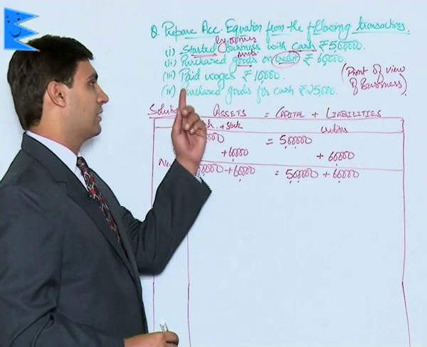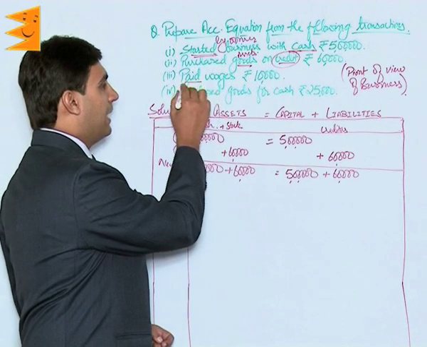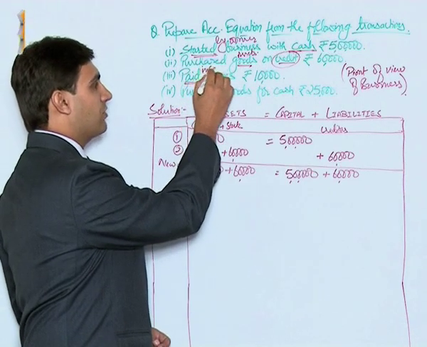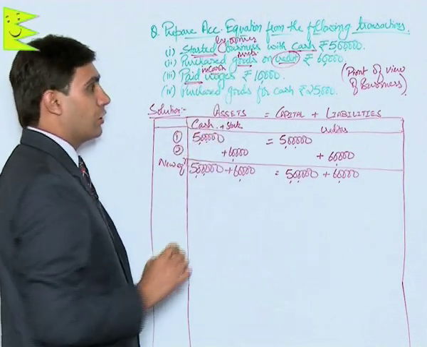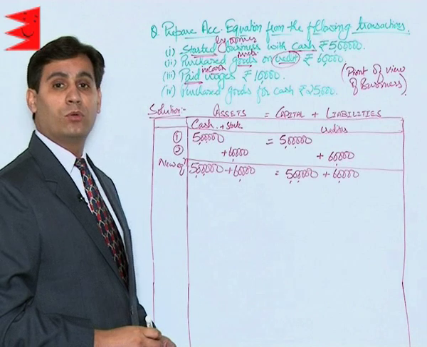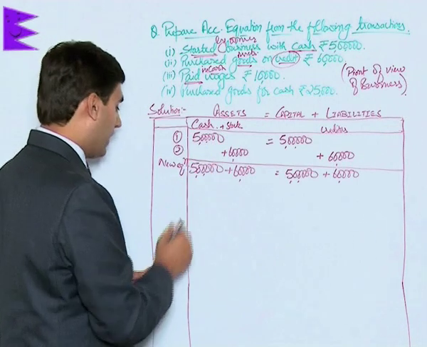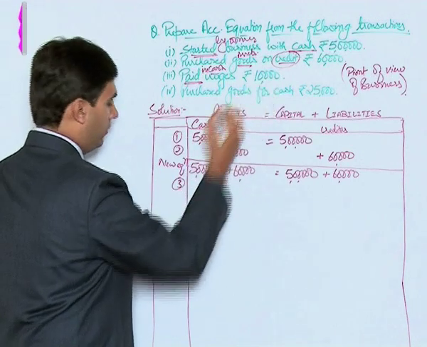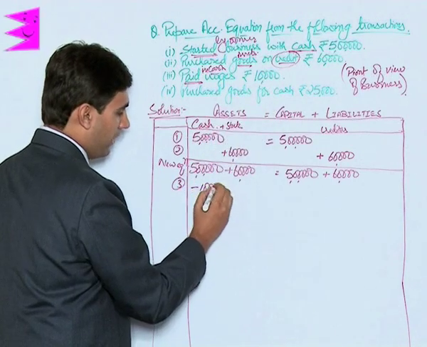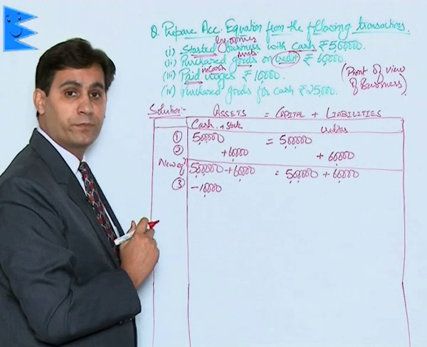Now, coming to the third transaction, paid wages. Obviously, paid means payment in cash. Now, since we are paying cash, there will be a reduction in the amount of cash. Cash is our asset. So, we must reduce this cash by rupees 10,000. So, I am writing minus 10,000 under the column of cash.